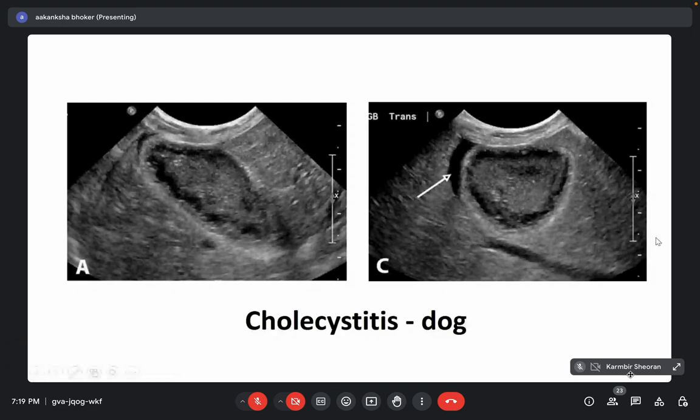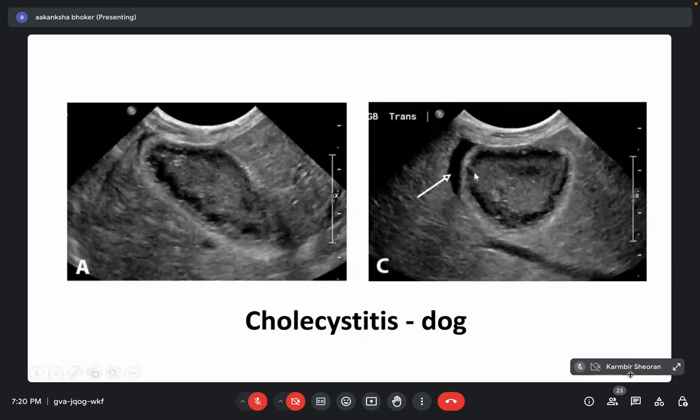Next, this is an example of cholecystitis. In cholecystitis, this is the gallbladder wall. This wall is thickened and it appears hyperechoic. Generally, the gallbladder wall should not be seen, and it will be less than 1 millimeter in thickness. So here we can see it is hyperechoic. The thickness of the wall has increased.